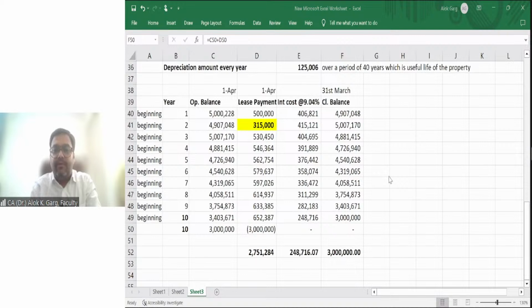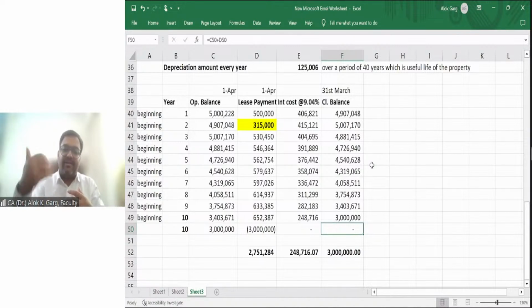Guys, I hope you have now understood it. So today, when we started the session, of course, we did the revision, and today we have discussed the concepts of implicit rate, interest rate implicit in the lease, initial direct cost, and we have also covered the concept of right of use asset recognition, lease liability, what are the components of the right of use asset, how this right of use asset and lease liability is recognized initially, and subsequently how it is going to be depreciated, how it is going to be impaired, right?